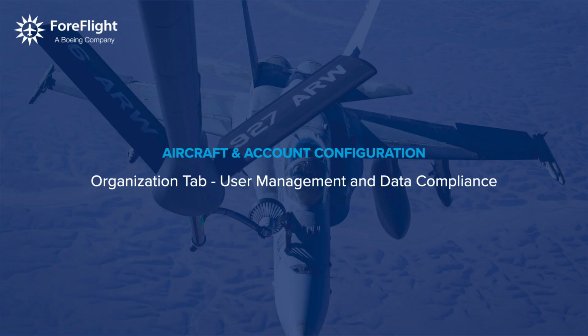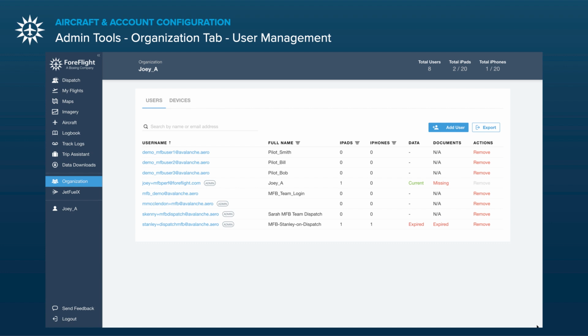We're going to start in the organization tab, and we're going to discuss user management and data compliance. When we tap on the left-hand side of the screen and we tap on our organization tab, we'll see the name of our organization at the top. We'll see the total users and device allocation limits also. And then we have two tabs at the lower portion of the top of the screen. We have one tab for users and one tab for devices.